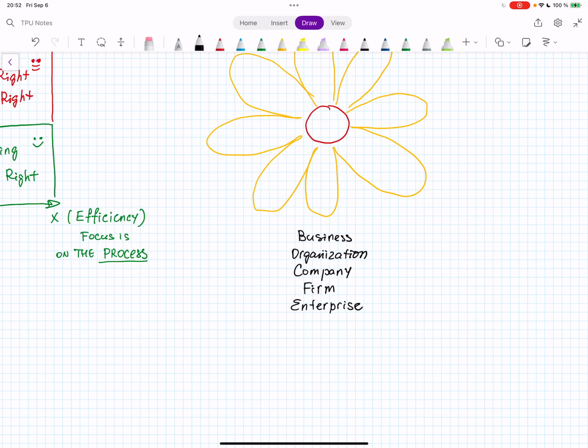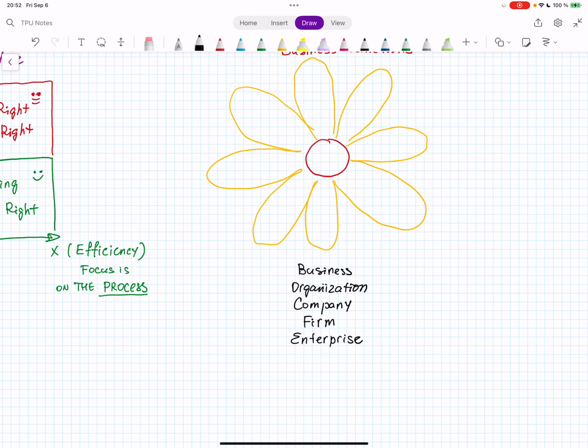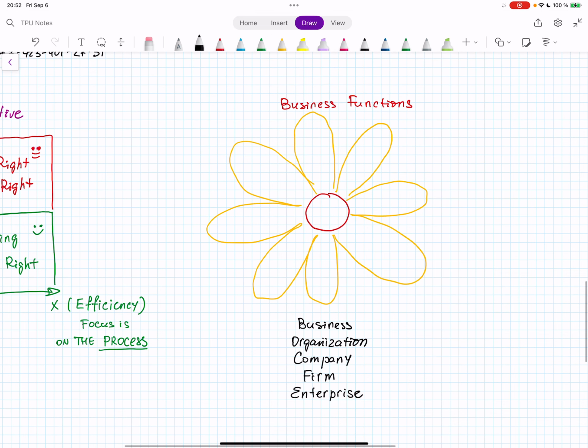If I come up with some other words, I will add it here. So let's say you have this business organization, and the chamomile is the business function. So each company has a core function. Usually the core function is the purpose why the company exists.